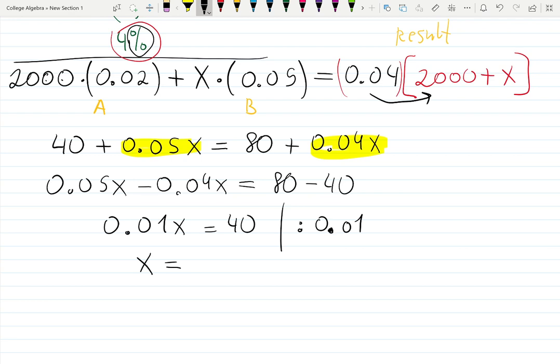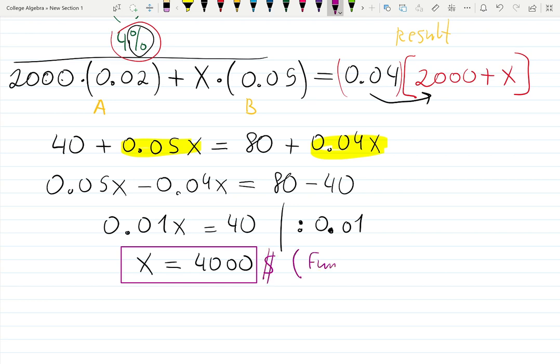Check yourself, that's true. So it's going to be 40 times 100, which is 40 and more 2 zeros, 4,000. And that is the answer. The investment into the fund B was $4,000. That was fund B investment.